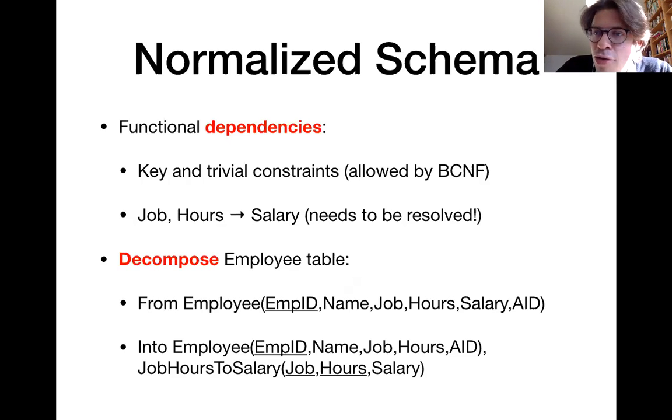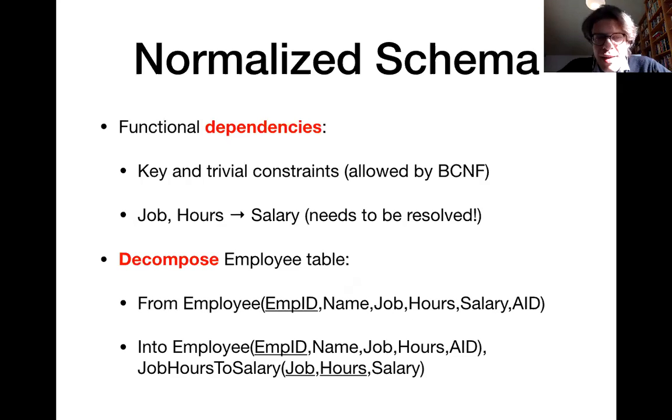And then we would introduce a new second relation that includes all the attributes that appear in the functional dependency, which is job, hours and salary. We could name it something like job hours to salary, for instance. Now we have decomposed the relation, and thereby we avoid redundancy, and we get something which complies with the constraints of Boyce-Codd normal form.